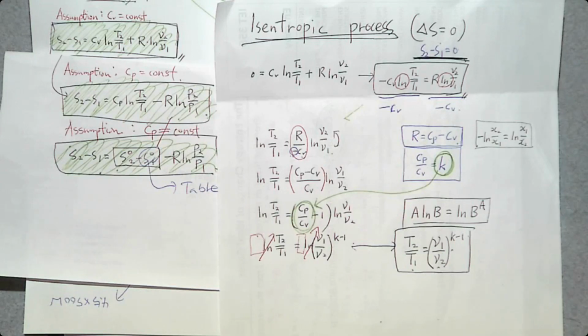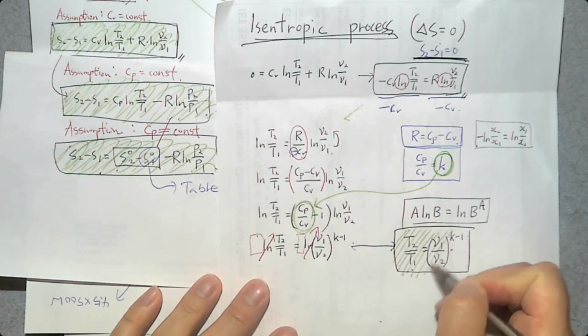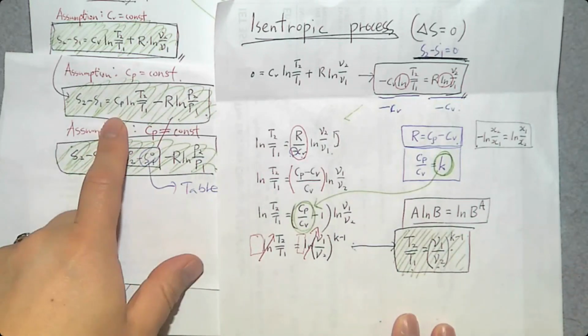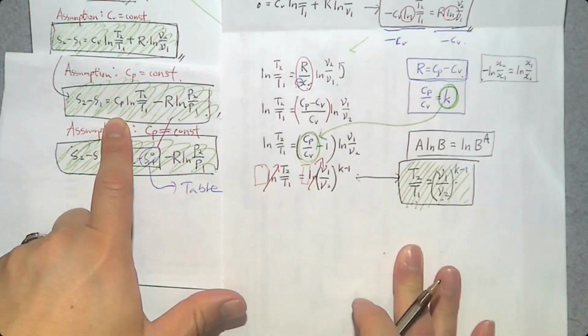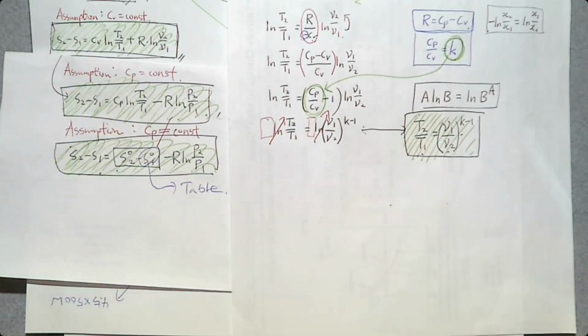So we got that equation from the first S2 minus S1. Then why don't we look at the second equation? Can we do that? Yeah. If we say isentropic process, S2 minus S1 is going to be 0.